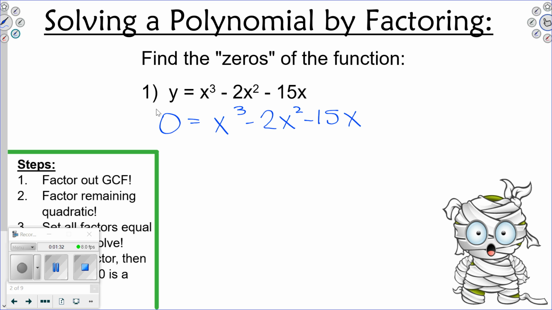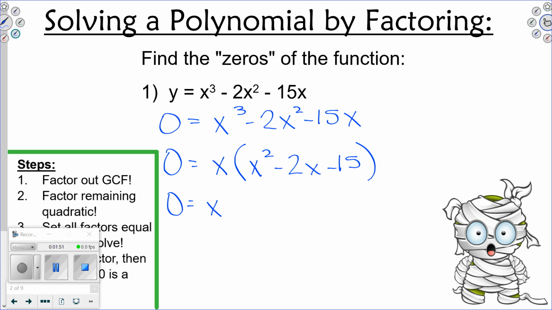All right, so if you were factoring, what's the first thing you're going to do? Good, let's take out the x. So take out the x. We'll have x squared minus 2x minus 15. And then we'll try to break this down into our two sets of parentheses.